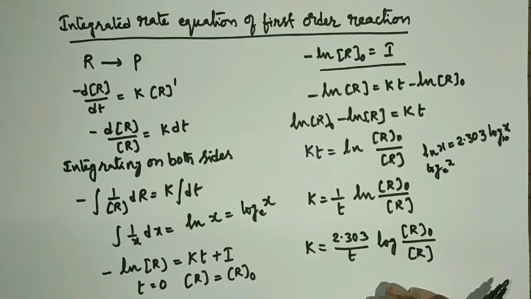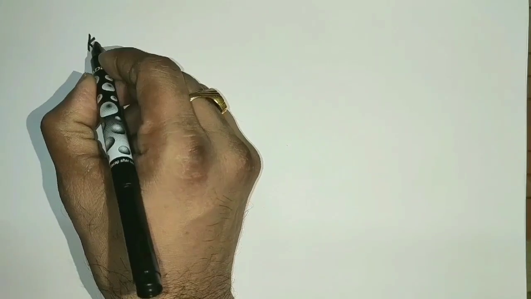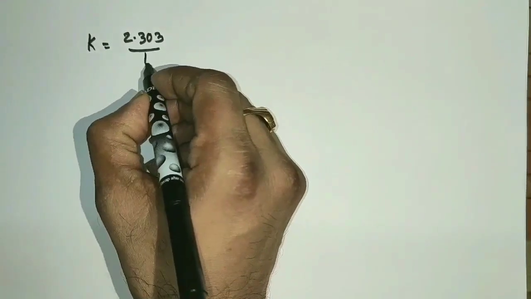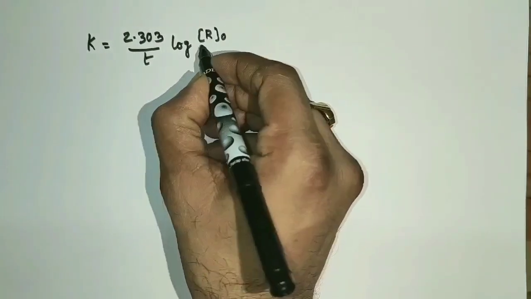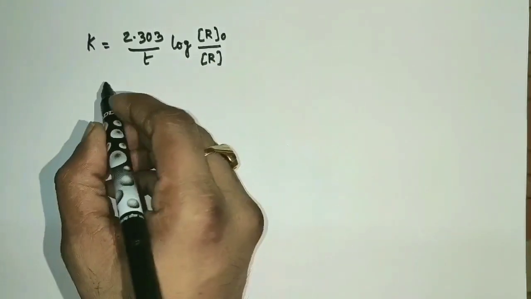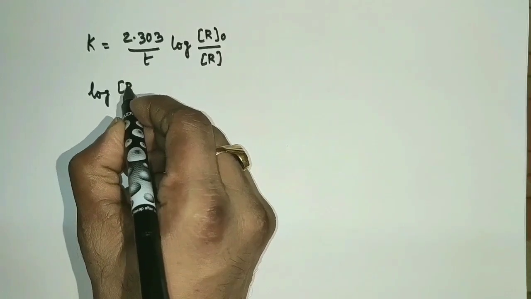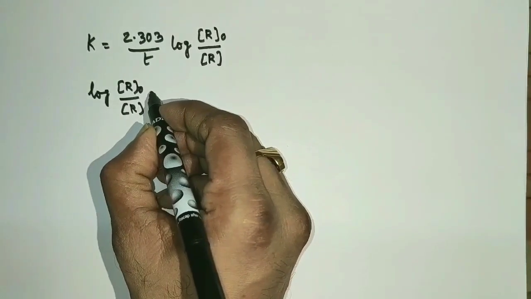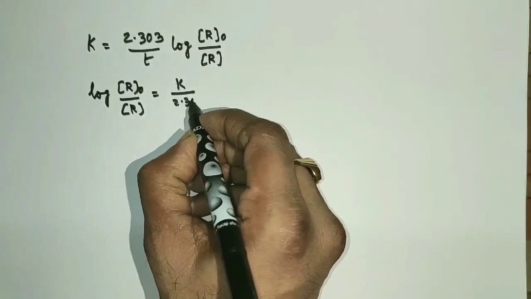The integrated rate equation for a first order reaction, k is equal to 2.303 by t log R naught by R, can be rearranged like log R naught by R is equal to k by 2.303 into t.